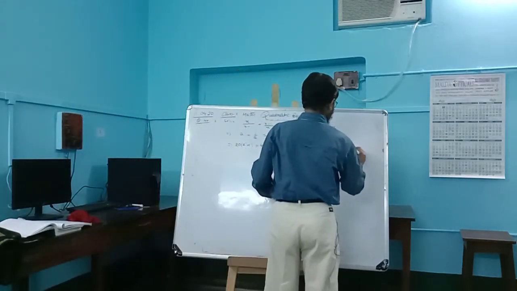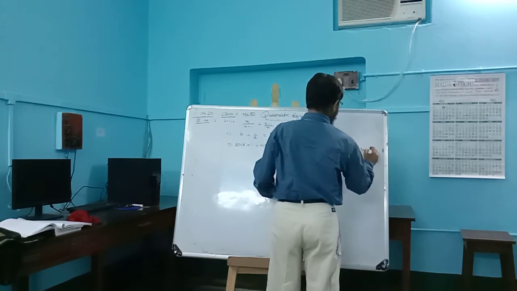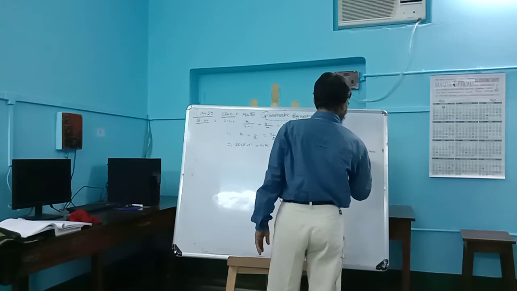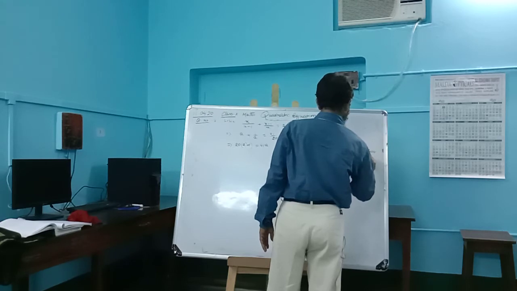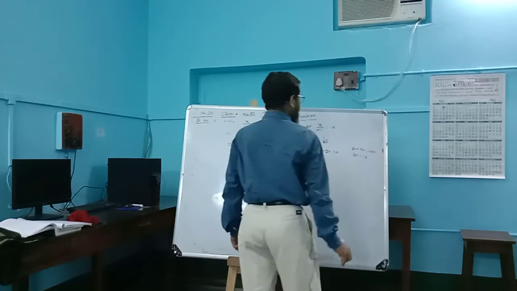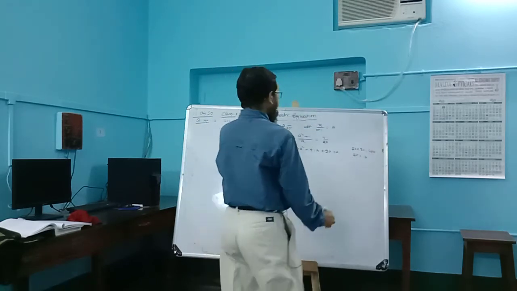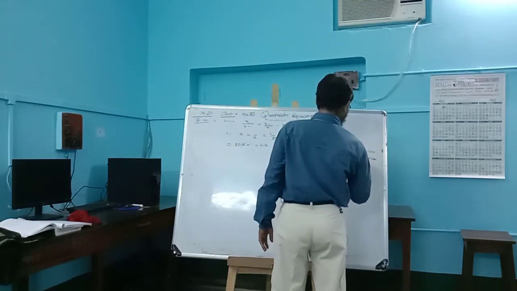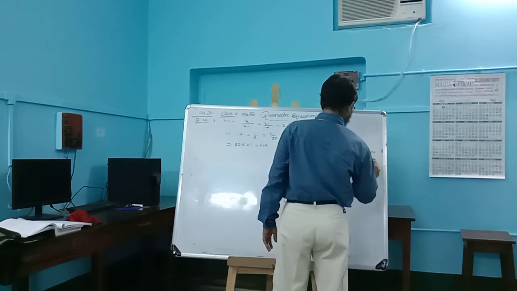Next, 20 × 20 = 400, and this equals 25 × 16 = 400, with 25 + 16 = 41.